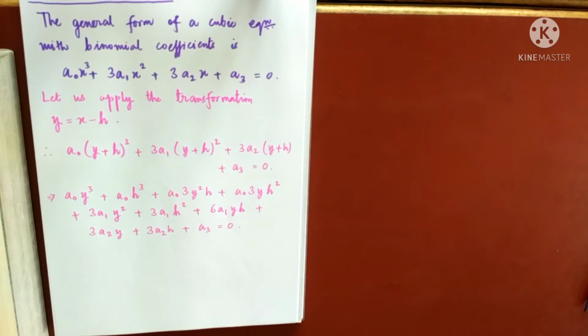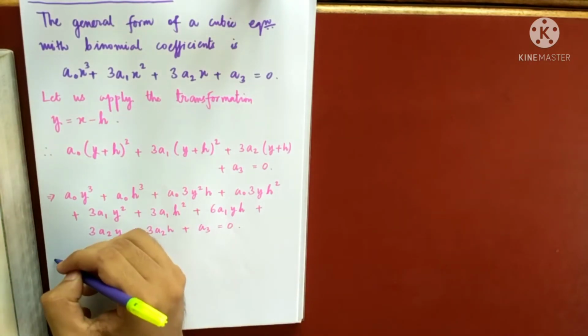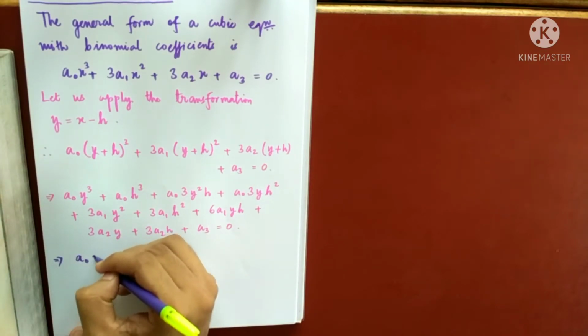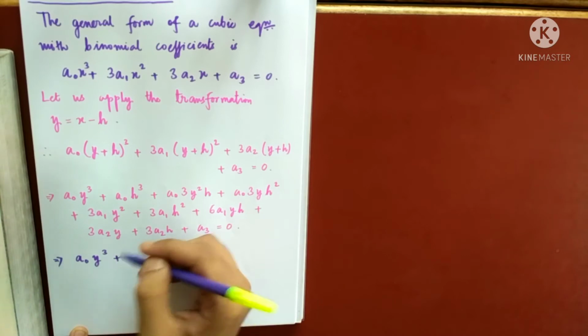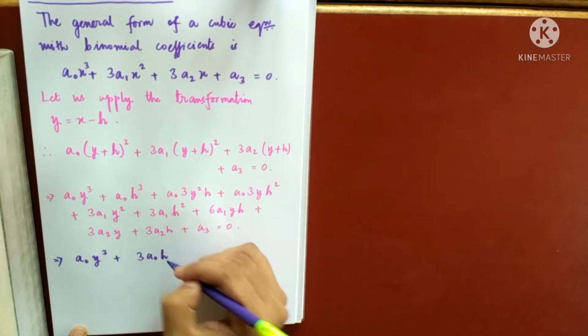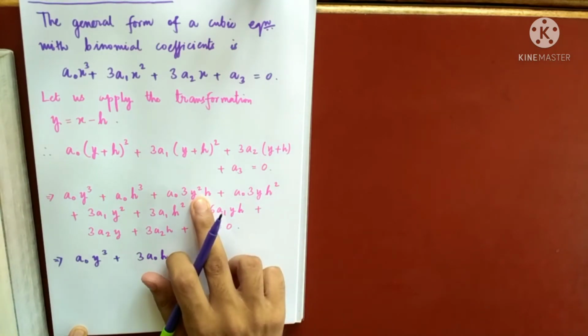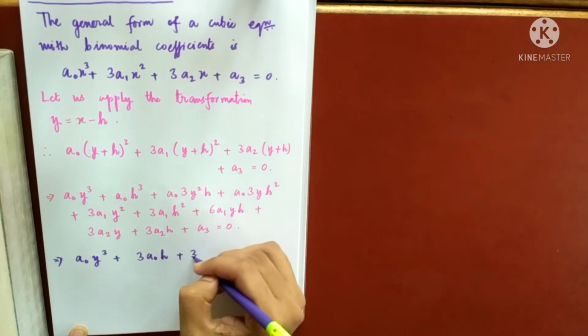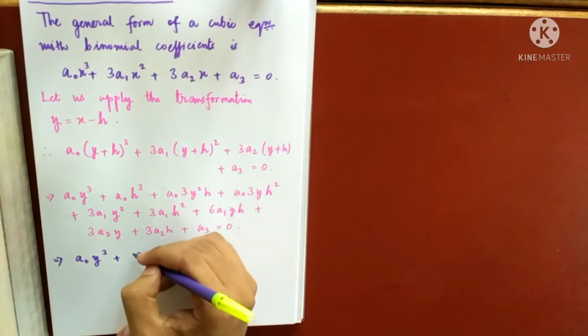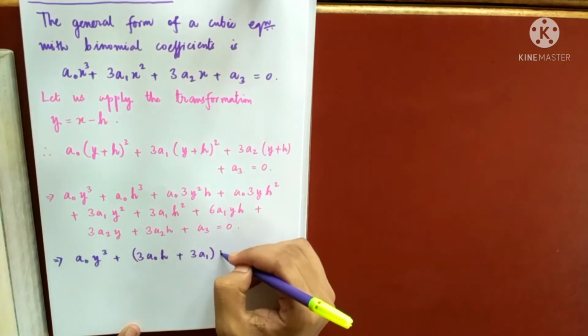So arrange in the decreasing powers of y. a0 y cube, then y square: here it is 3a0 h y square, and here I have 3a1 y square. You can actually take 3 common if you want to.